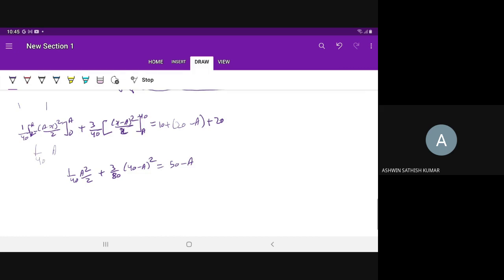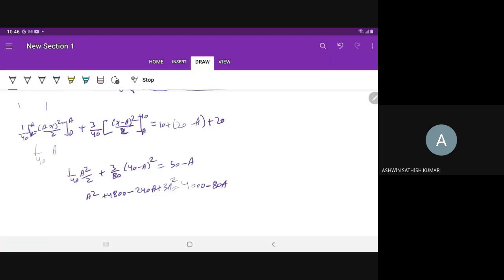So on opening you will get A square plus 4800 minus 240A plus 3A square is equal to 4000 minus 80A.